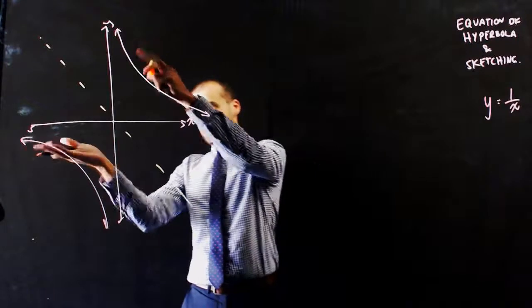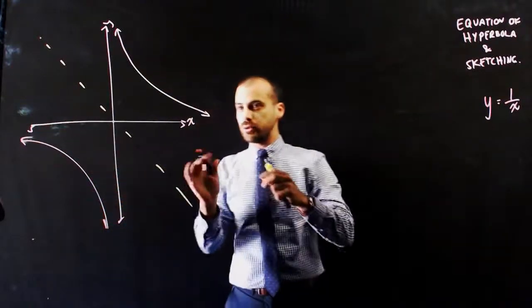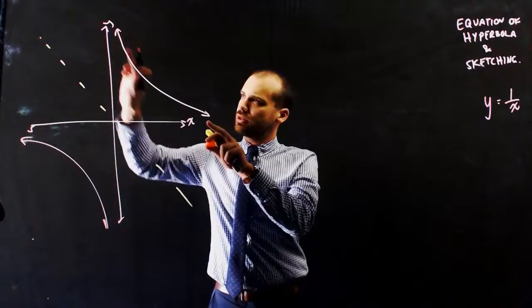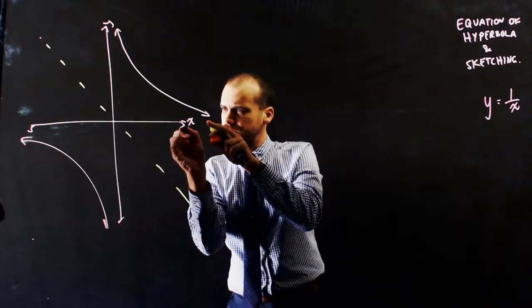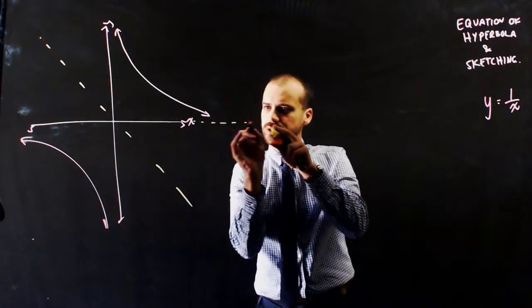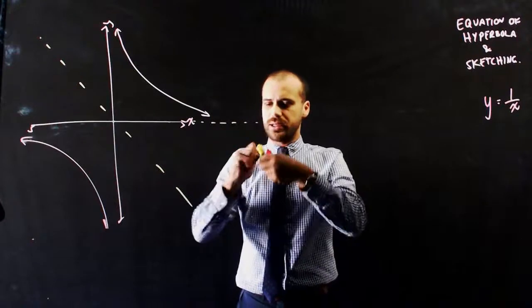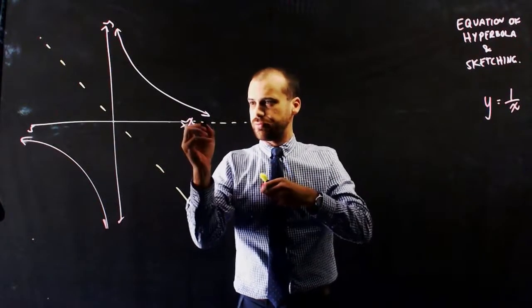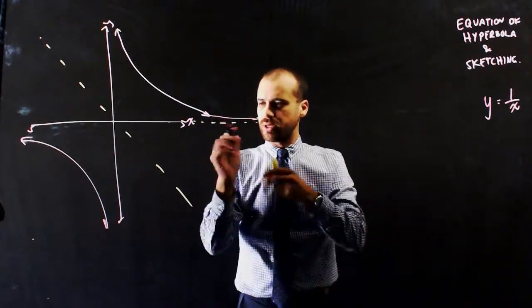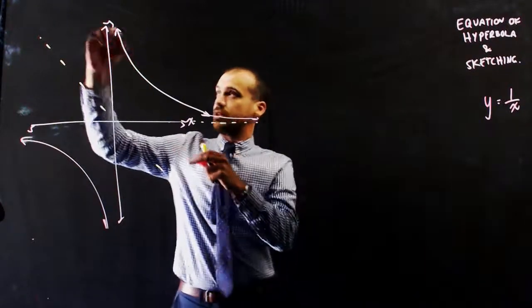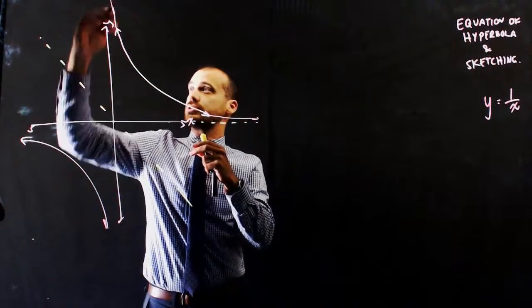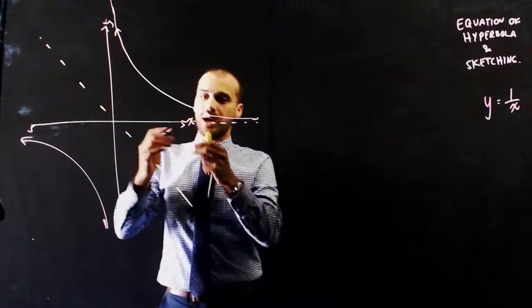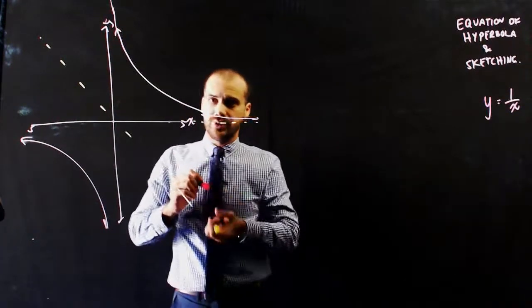Okay, so it's symmetry. Also, this line is getting closer and closer to the x-axis, but never quite touching it. And this line is getting closer and closer to the y-axis, but never quite touching it.